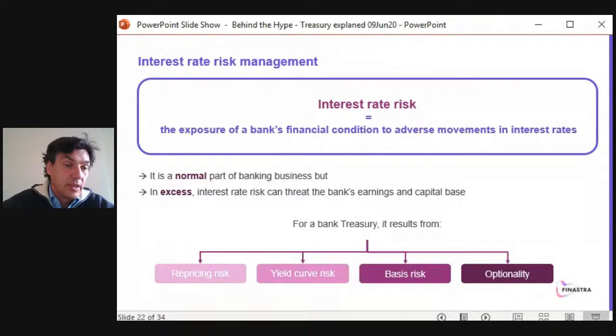So if you lend money at LIBOR, for example, LIBOR is reset every 3 months. So maybe 3 months ago, I could have lent some money in dollars at 1.5%.